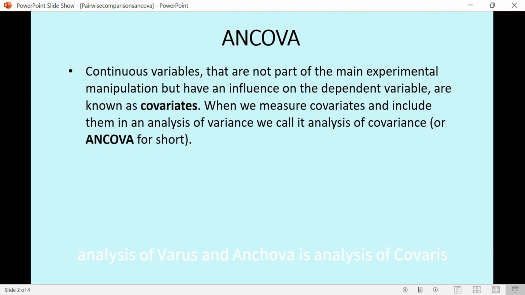ANOVA is analysis of variance and ANCOVA is analysis of covariance, because in ANCOVA, in addition to the categorical variables for the treatment groups we are interested in, we also include a continuous variable or several continuous variables called covariates. So we include covariates with the categorical variable in the ANOVA function in R. This is called ANCOVA.